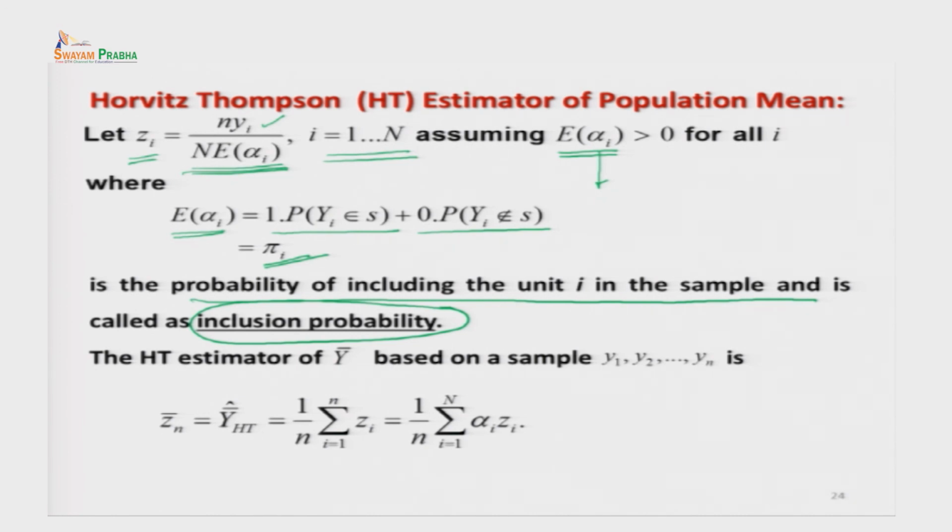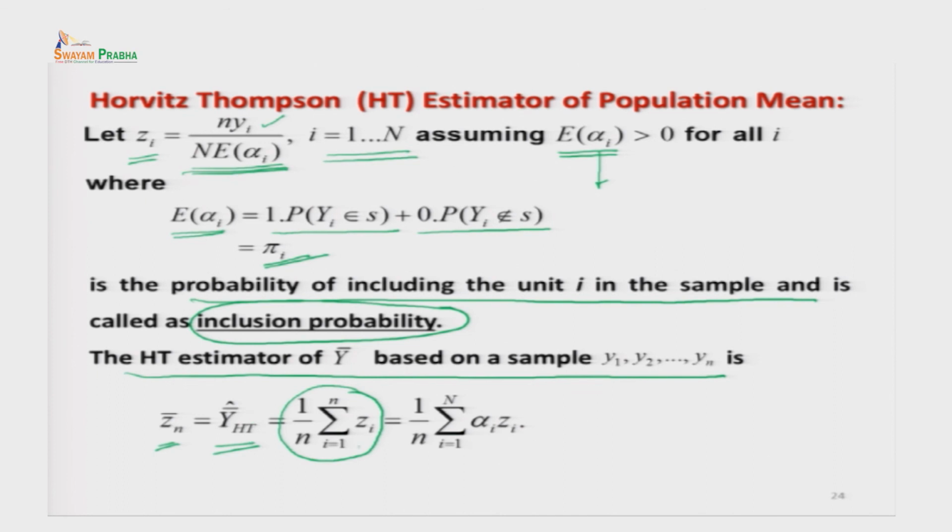And based on that, the Horvitz-Thompson estimator for the population mean is defined for the sample small y1, y2, yn as simply the arithmetic mean of the small zi's, and we define this as z bar n, or we write it as y bar hat HT, meaning Horvitz-Thompson.